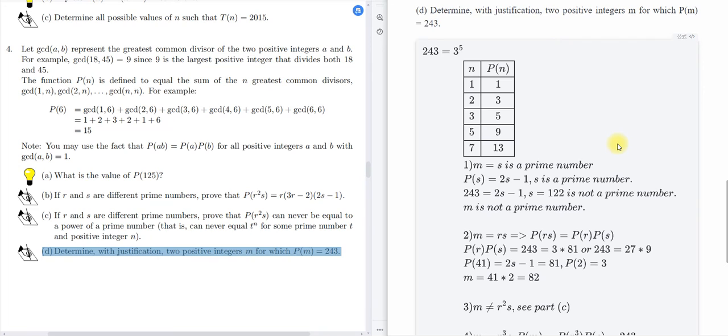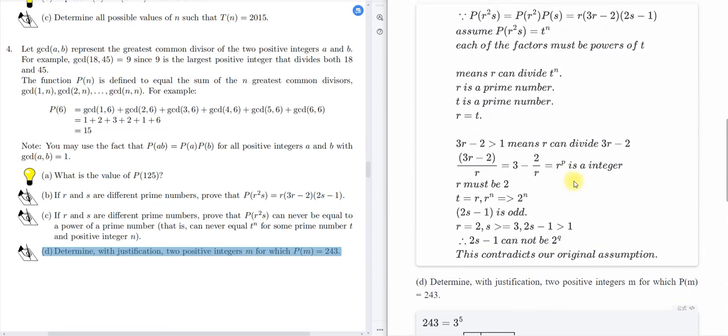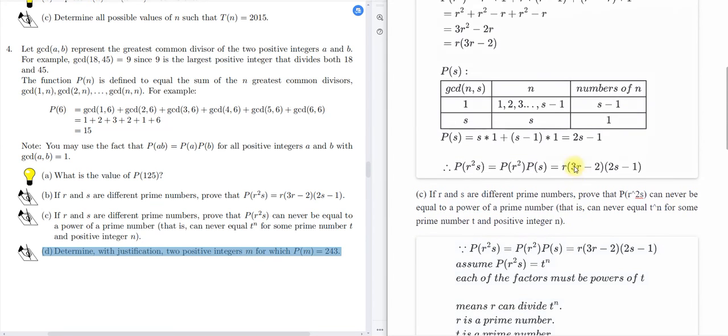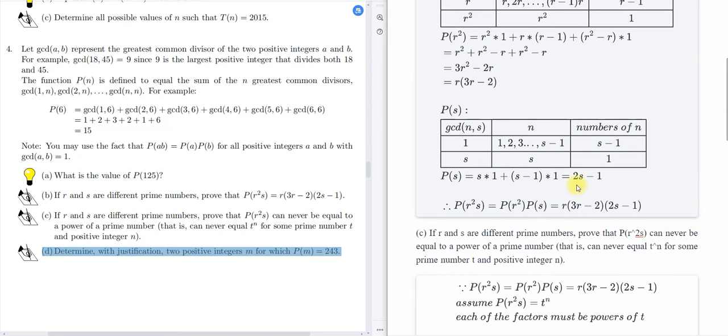Let's consider if m equals s. s is a prime number, so m is a prime number. So ps equals 2s minus 1, because for prime numbers we got ps equals 2s minus 1.